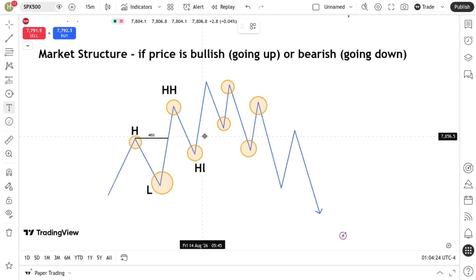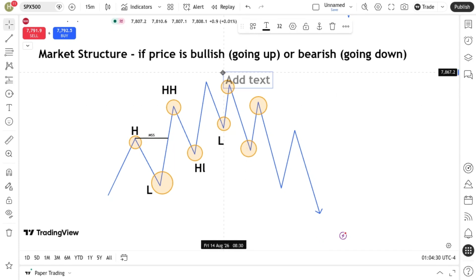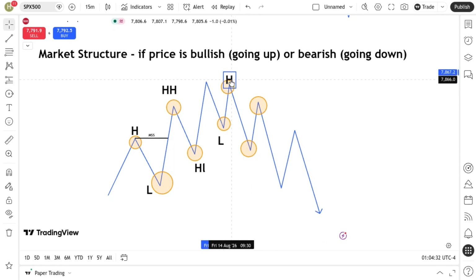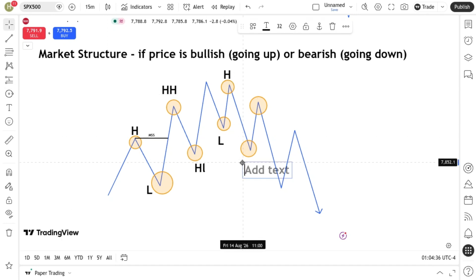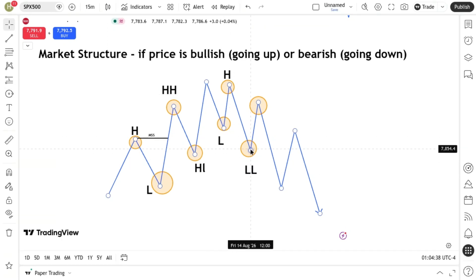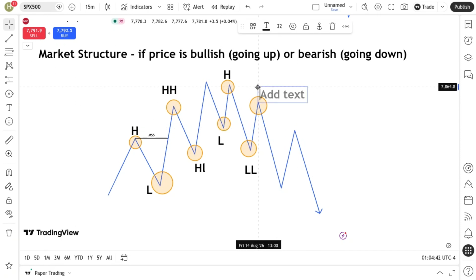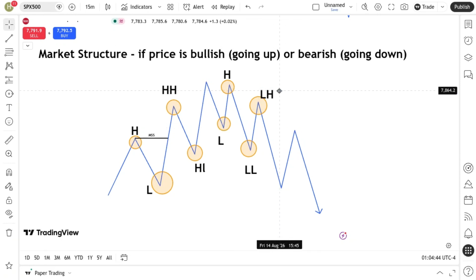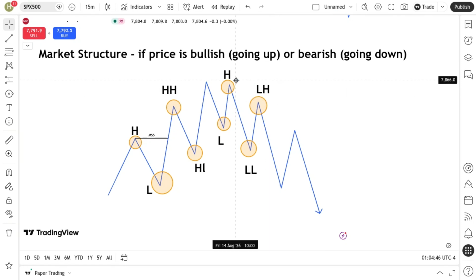So again, it's the same thing, it's just inverse. We have a low, we have a high. We have a lower low because this low is lower than this previous one. And we have a lower high because this high is lower than the previous high.